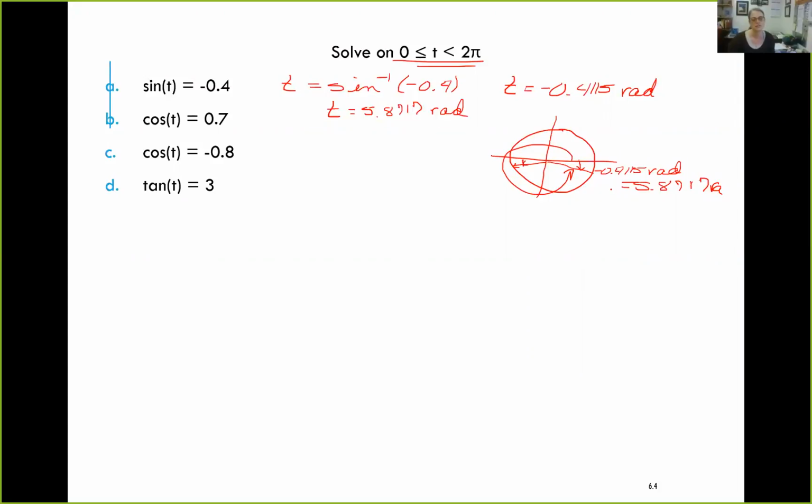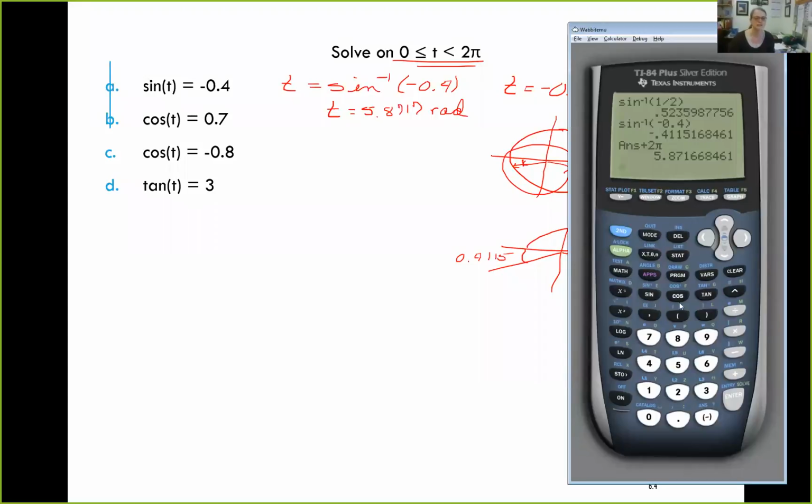What's the difference? The easiest thing to do is think about it this way. This angle is equal to this angle, so that means this is also 0.4115. And this larger angle is going to be pi plus that.